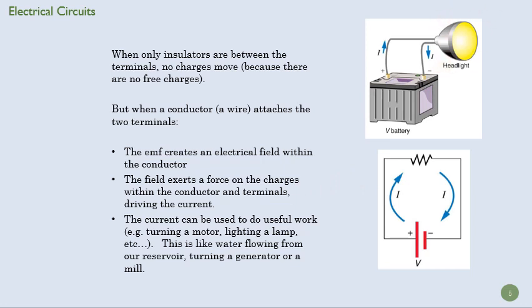So we can have a lamp, or we could turn an engine, or whatever we want to do. And we symbolize that with this squiggly line here. And this can be a resistor or some load. And a load is that work that's being done. A lamp is a load on your circuit, or a dryer, or a dishwasher, or an engine, whatever, is going to create some resistance.